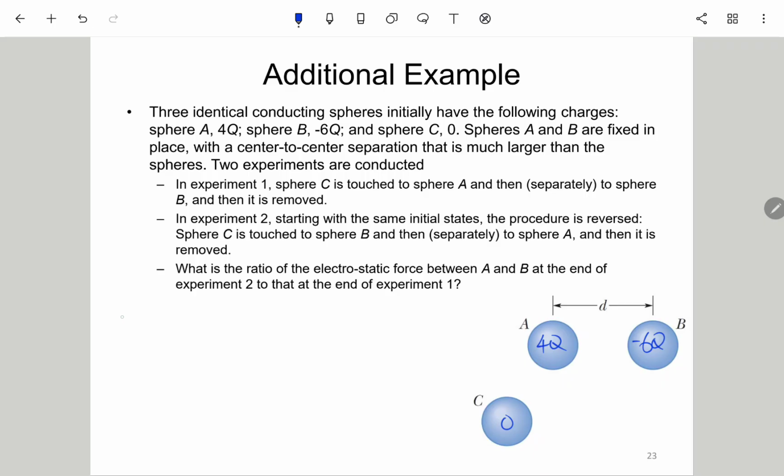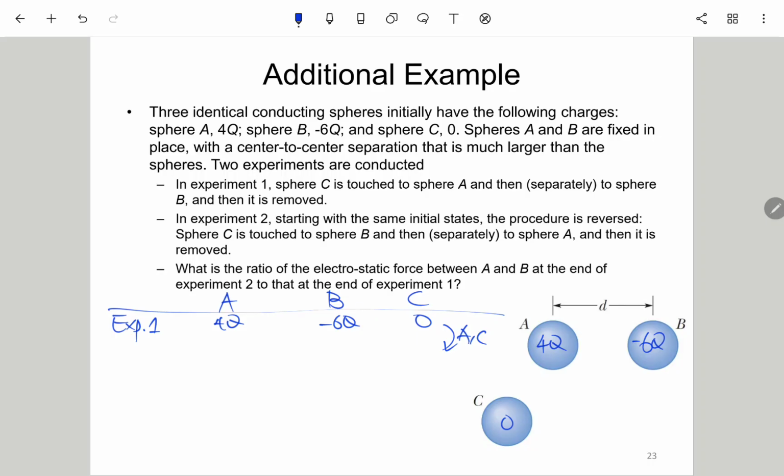Let me write it like this. We have A, B, C. For experiment 1, at the beginning, we have 4Q, negative 6Q, and 0. At first, A and C touch each other.